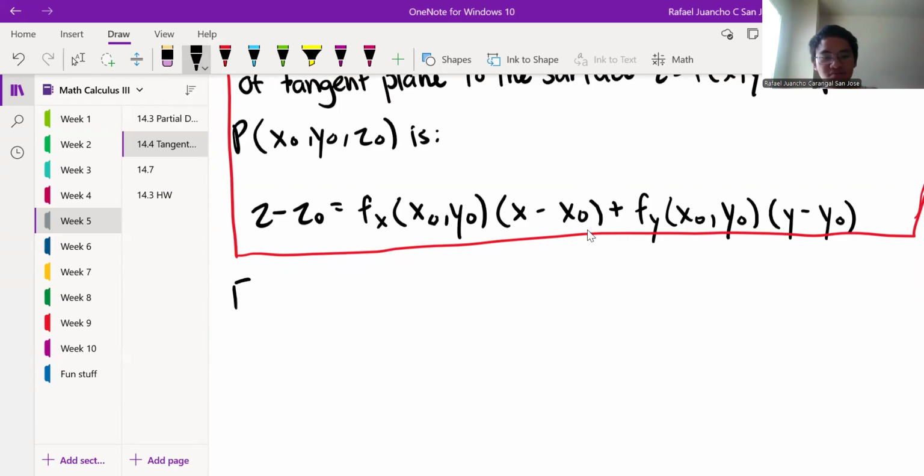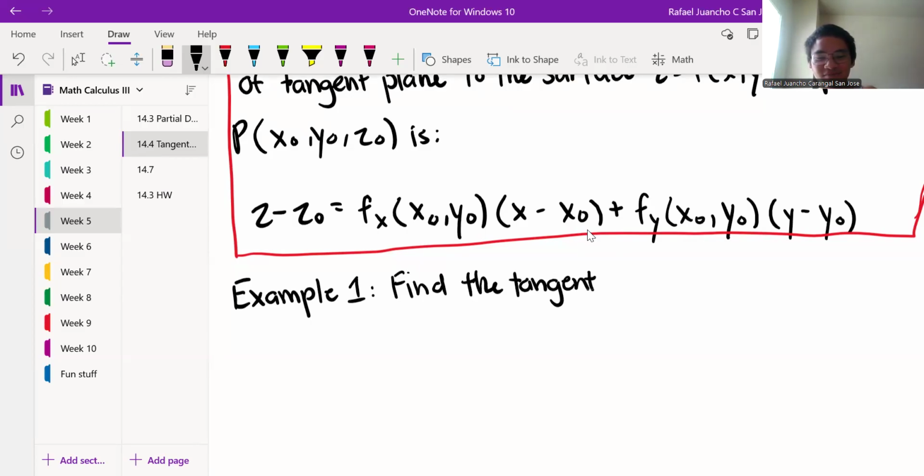Okay, let's look at an example and try this out. Watch how we're going to find the equation of the tangent plane. Find the tangent plane. I jinxed it. Find the tangent plane specifically to the surface. And this surface is an elliptic paraboloid.